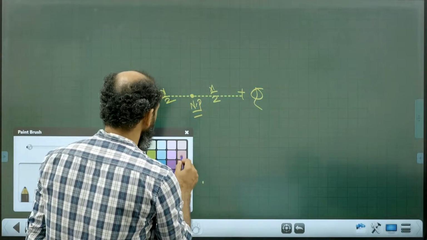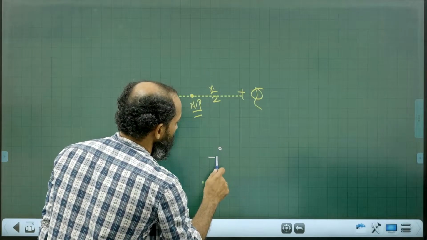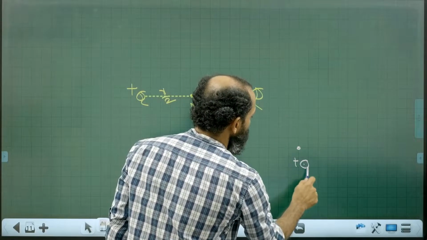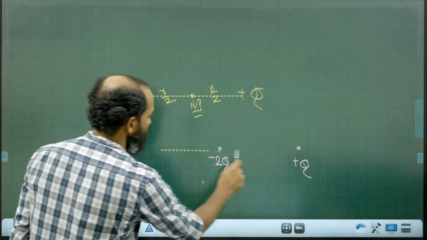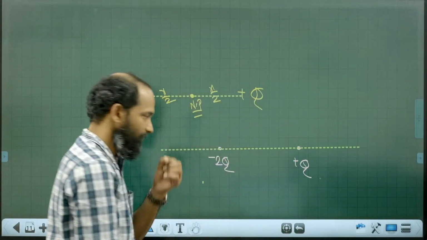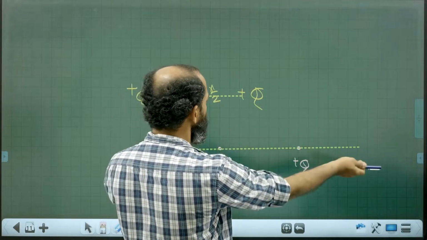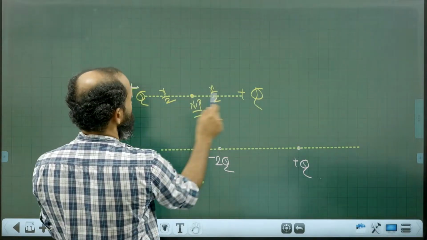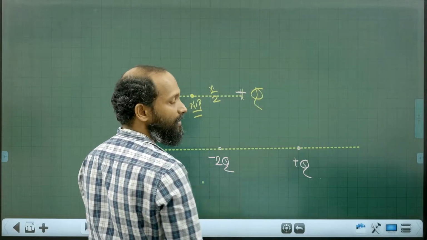If you have an example, minus 2q and plus q, where do you get the null point? Can you answer, students? Draw the line joining. Along the line joining, where? Inside or outside? If they are of same sign, null point is inside. If they are of different sign, null point comes outside.